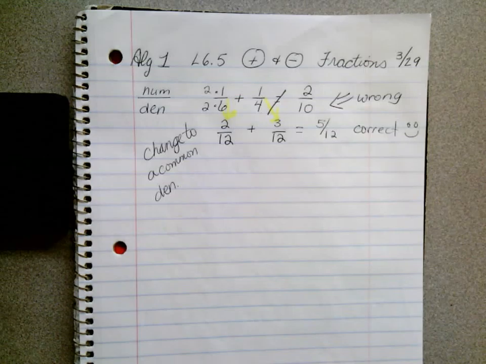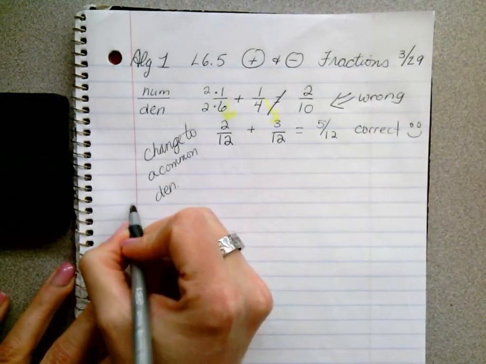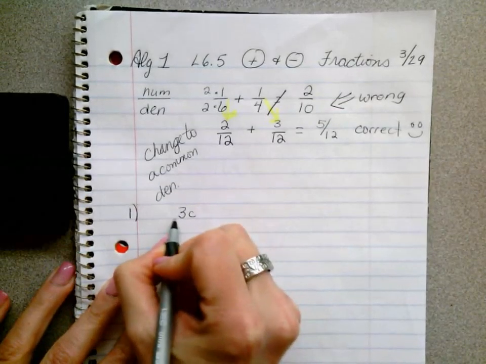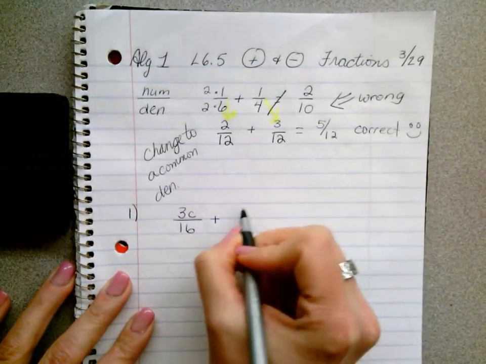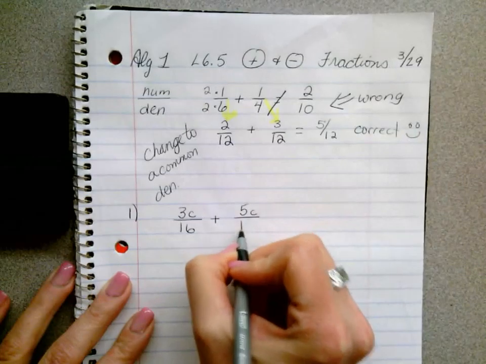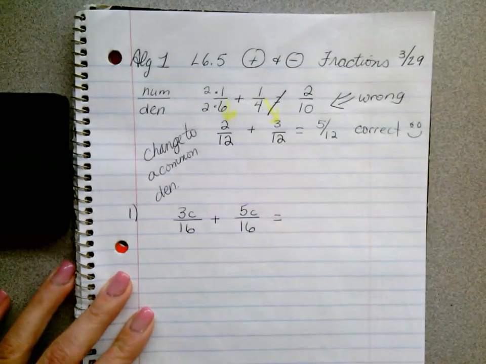Example 1A. 3c over 16 added to 5c over 16. You guys see that? Are the denominators the same in A? Yeah. What is the denominator, by the way? Can I just add the way it sits then? Yep.